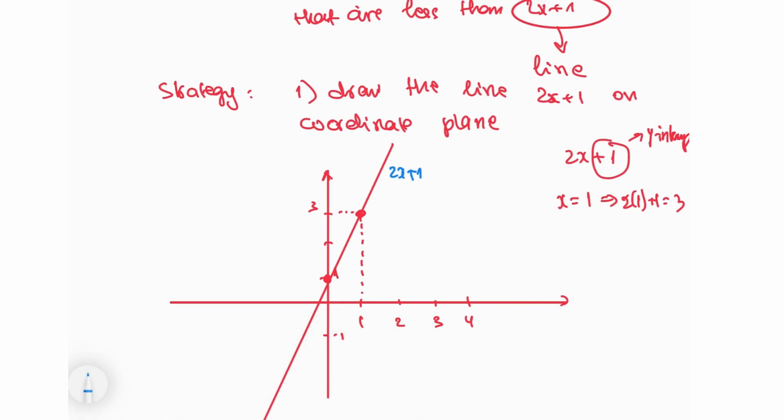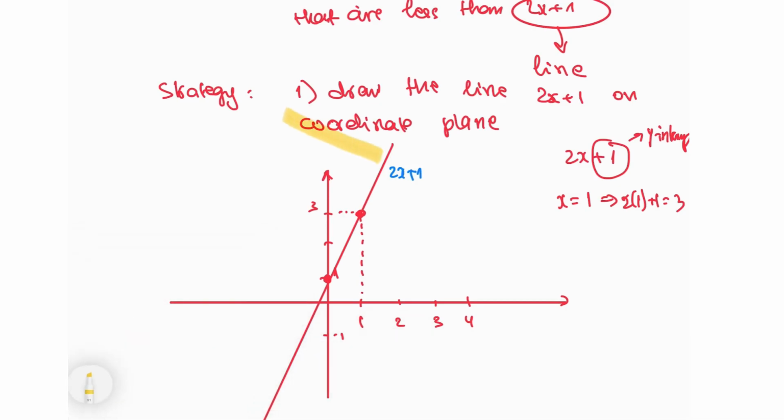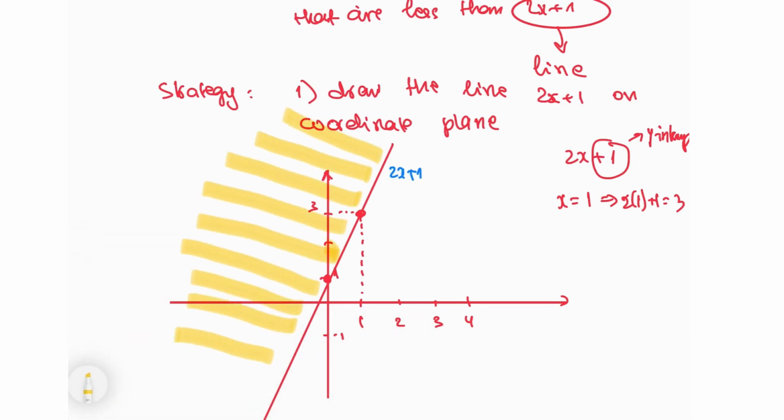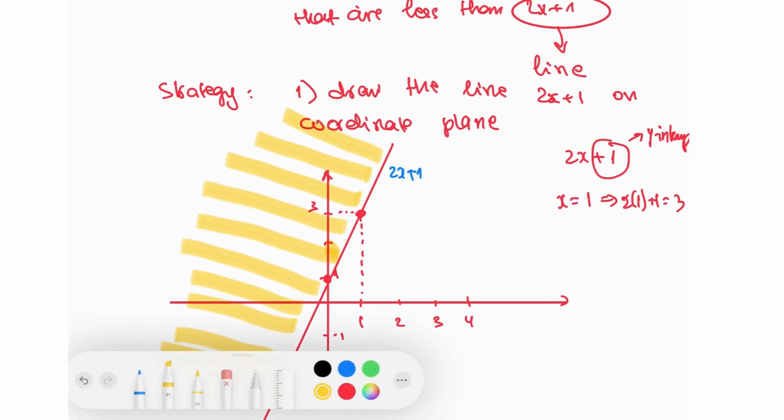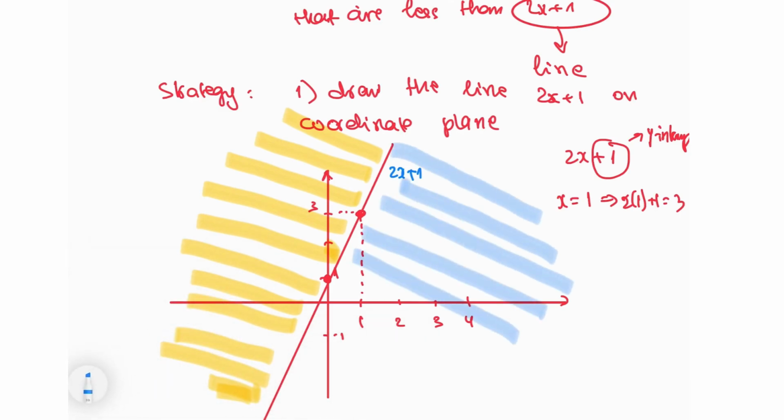Now we can see that the line 2x plus 1 divides the plane into 2 different areas, and I will shade them with different colors. It is this area, and let's say this here, so the blue and the yellow.